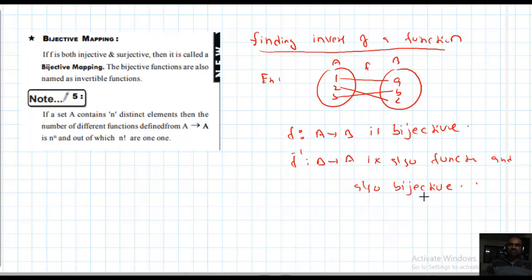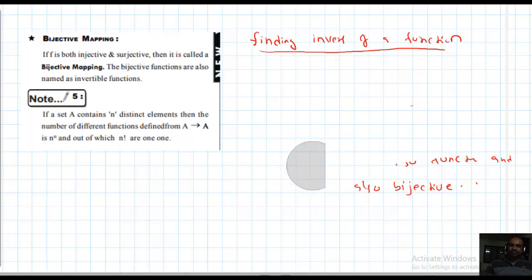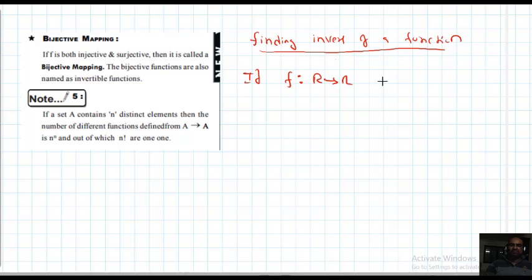Okay, so this is important. The question is given like this: if f maps R to R defined by f of x equal to 2x minus 1, then find f inverse of x.